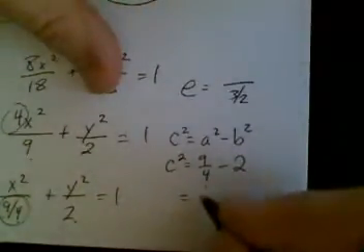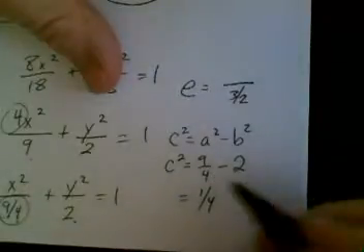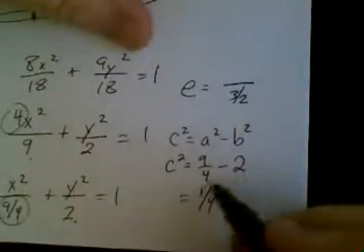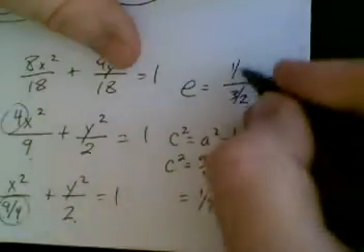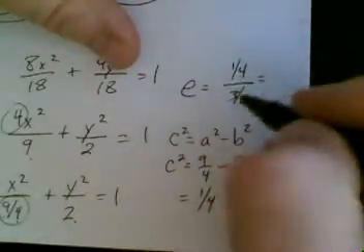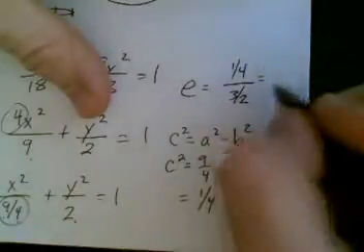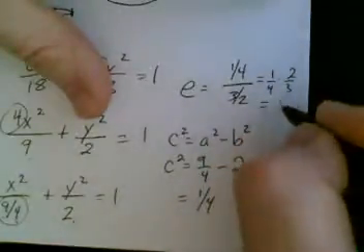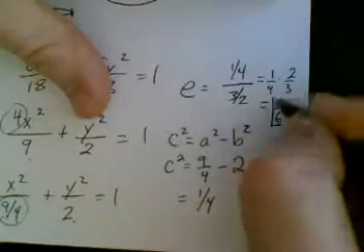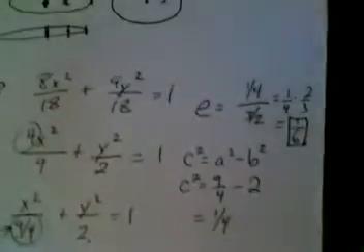This here is just going to be a value of 1/4, because 2 is 8 over 4. Like denominators, 9 minus 8 is 1/4, so this is going to be 1/4. The eccentricity of this, if I do keep, flip, change on it, will be a 1/4 times a 2/3, which is really just a 1/6. And that's what I'm looking for in that problem.